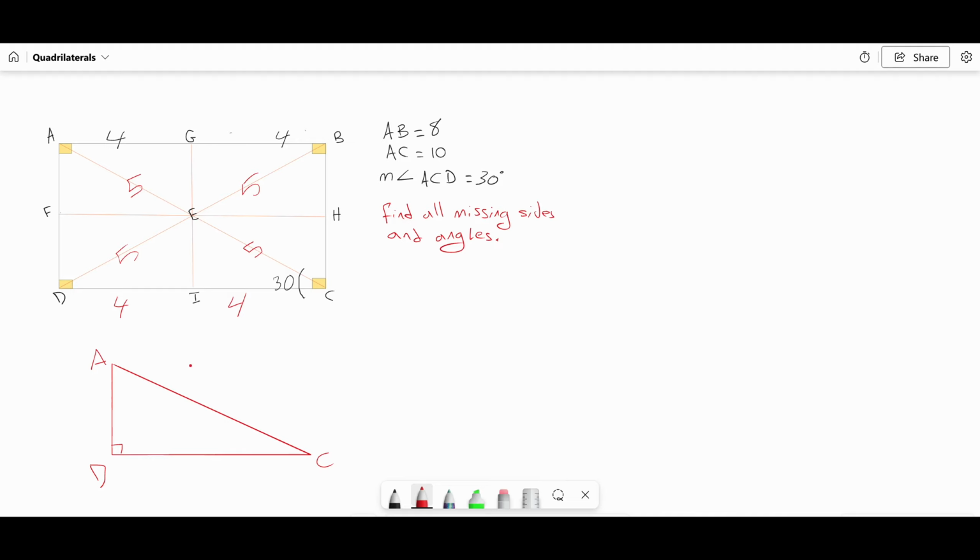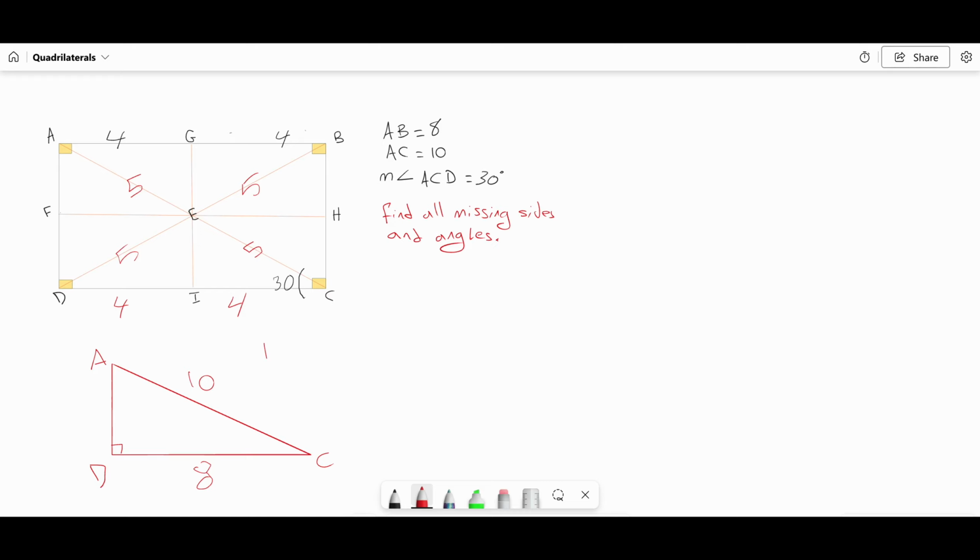And we have AC, which is equal to 10, and DC is equal to 8. And we need to find this side, AD. So when we have a right triangle, we know that we can apply Pythagoras, right?